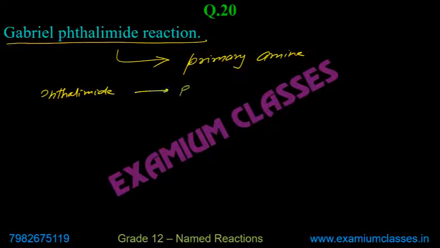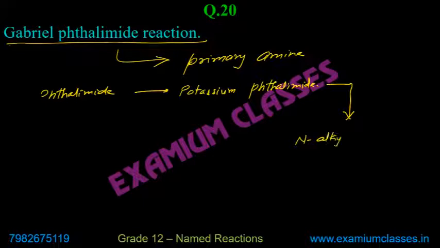From this, you will get potassium phthalimide, and from that, you will get an N-alkyl phthalimide, and last step, aqueous NaOH, you will get primary amine.